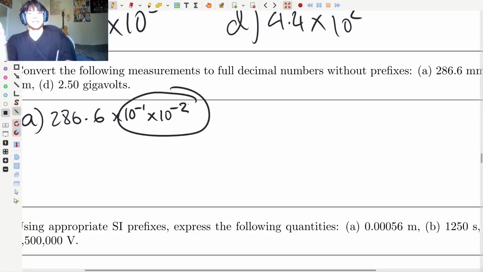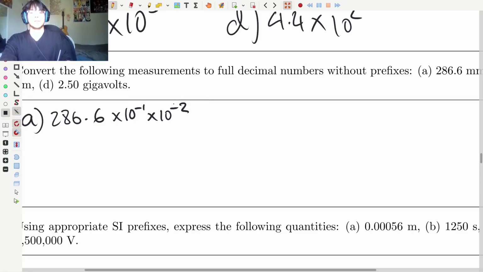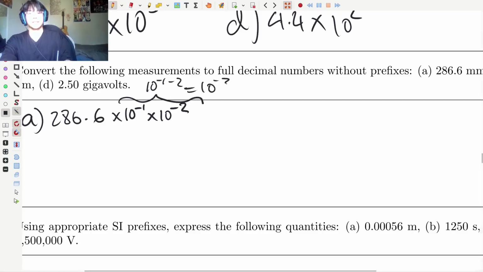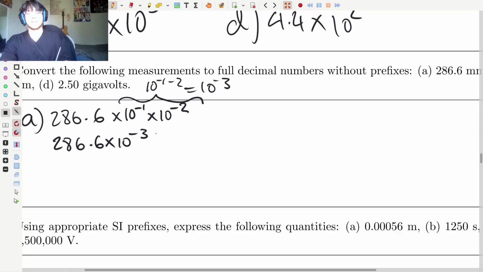So this factor converts it from millimeters into meters. So by index rules, because we have the same base, the indices just add up, and this just becomes 10 to the minus 1 minus 2, which is 10 to the minus 3. So this answer is just 286 times 10 to the minus 3.